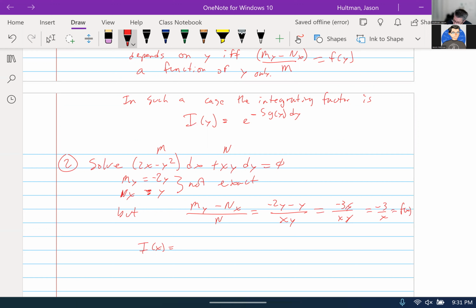It just helps me to turn something that was not exact into something that is exact by multiplying through by that value. So that's e to the integral of f of x dx.